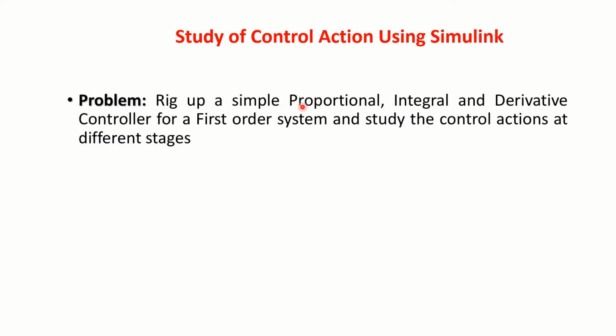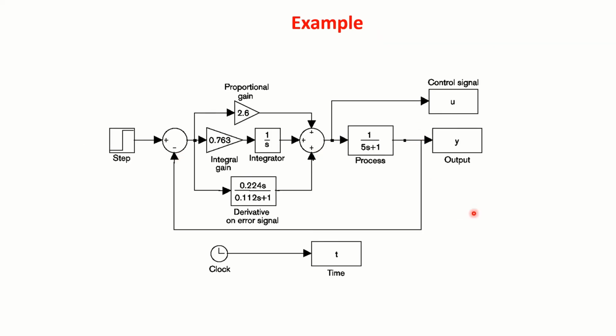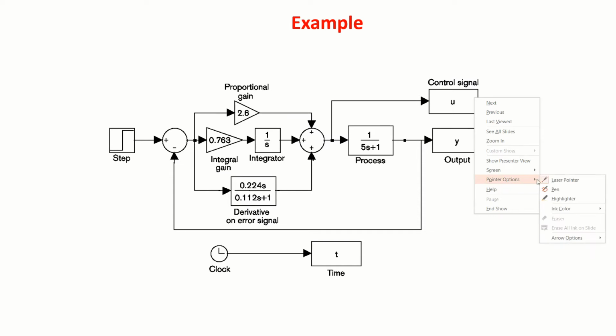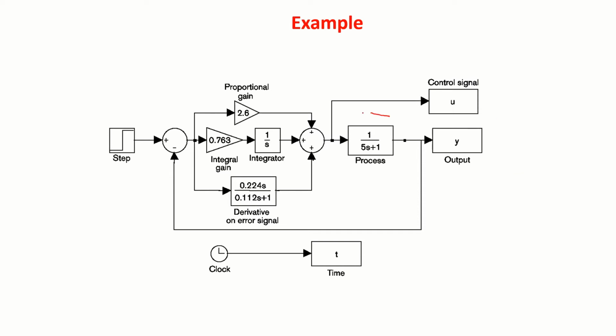Let us recap a simple proportional integral derivative controller for a first order system and study the control action at different stages. Here I have taken a first order system. Let us call it the process. There is an actuator.